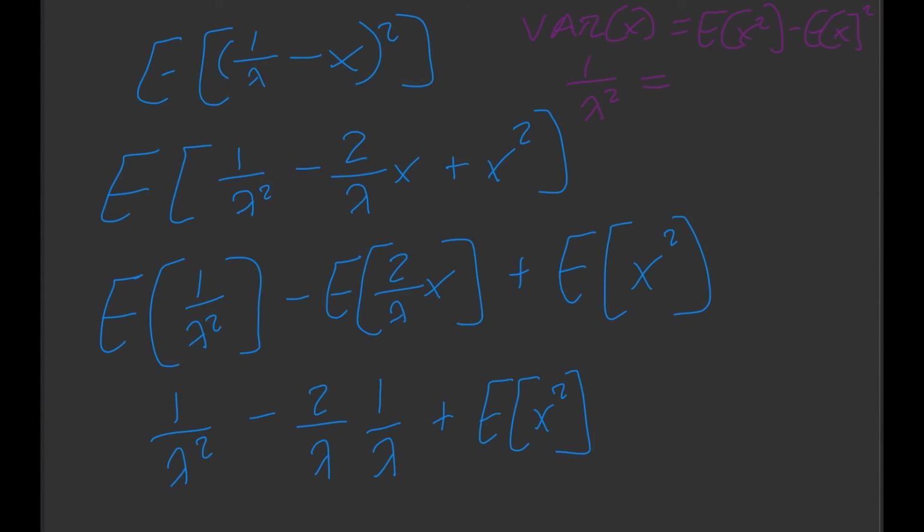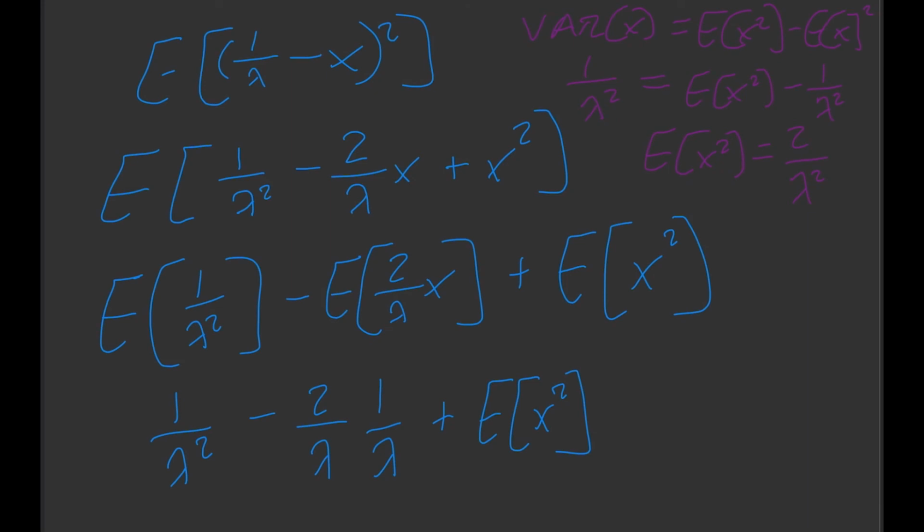This here is the thing we want to find out. And this here is just 1 over lambda quantity squared. So what we find is that E of x squared is just 2 over lambda squared.